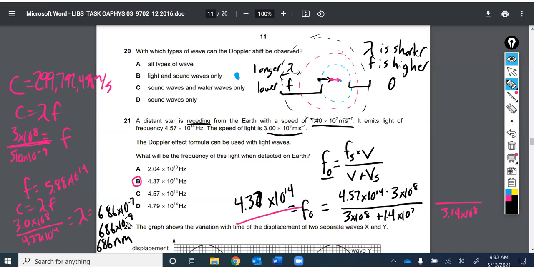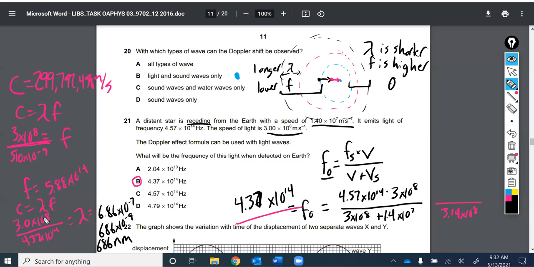Okay, so that 10 to the -9, we can transpose with nano. So 686 nanometers is indeed within that visible part of the spectrum between 400 to 700. So, red light, that's somewhere around red, which makes sense for a star. So it's shifted from 4.57 down to 4.37, what if we calculated this with 4.57?